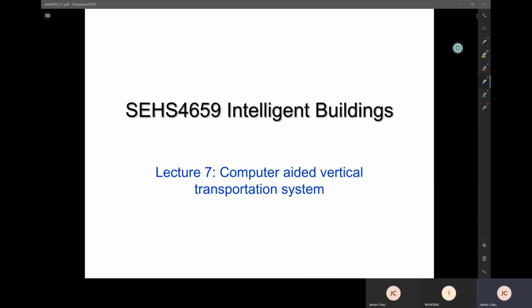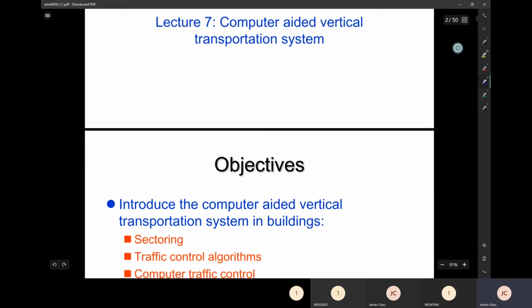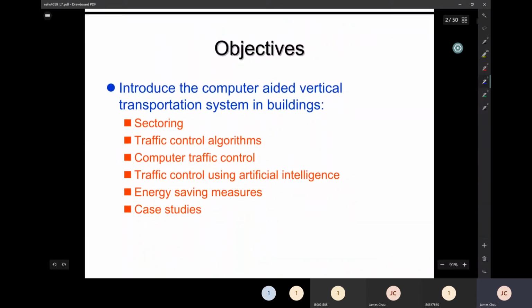Now today we will continue our lesson on the vertical transportation system, and today we are going to give you a more advanced topic in VTS. Last time we had a lesson on the analysis of lift traffic, and we will have a tutorial class after the lecture.